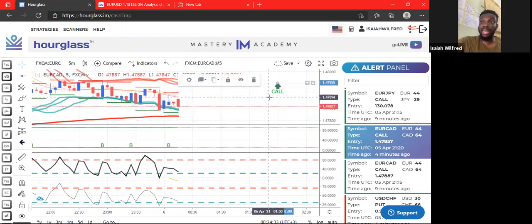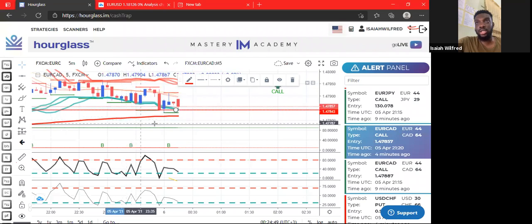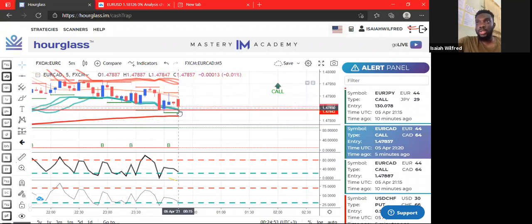But like what I was saying, if I wanted to take this for a buy or a call, price is currently here. So I'll just be waiting for this price to come down. Remember what I said, you always want to extend your support and resistance lines so that it doesn't confuse you. So price comes down to this red line and Cashtrap gives out a call.